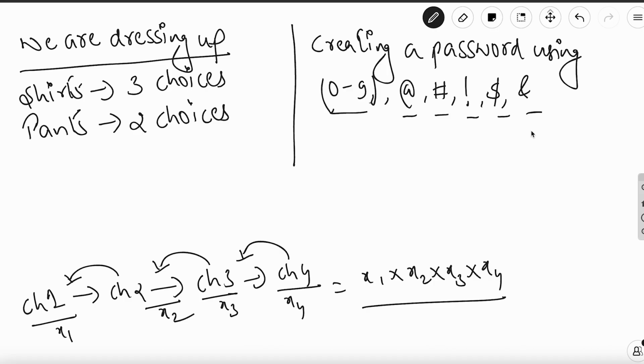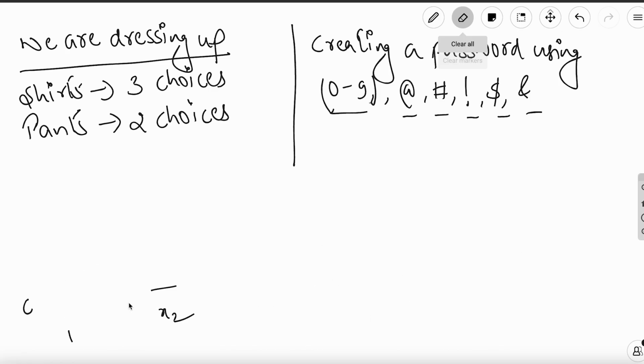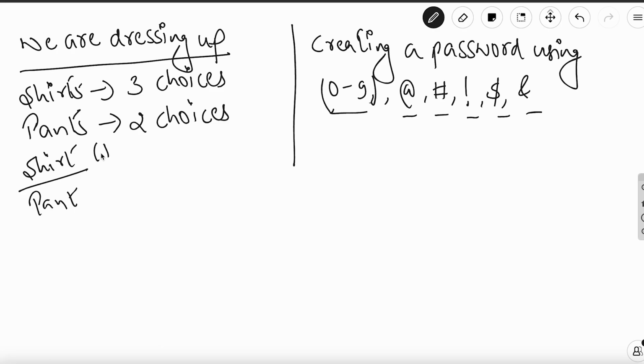Let's take two examples to better understand this. Suppose we are dressing up. When we dress up, we have an upper garment and a lower garment. So we wear shirts and pants, shirt at the top and pant at the bottom.